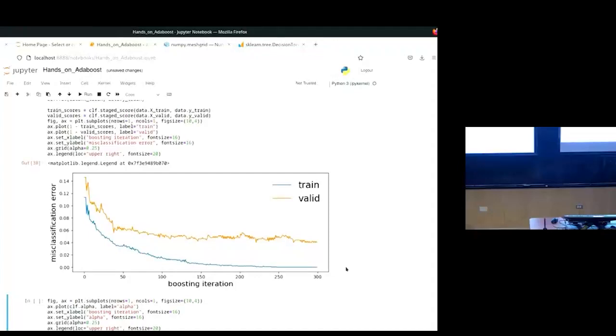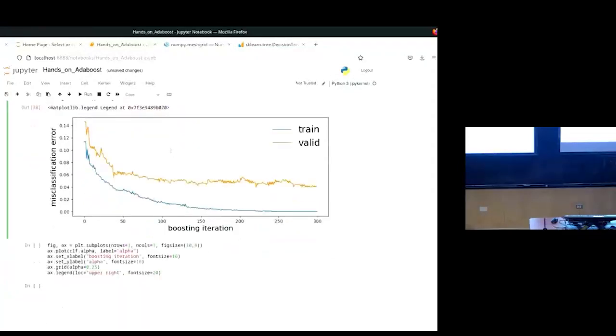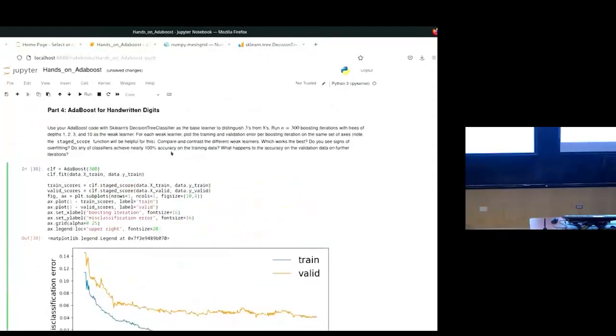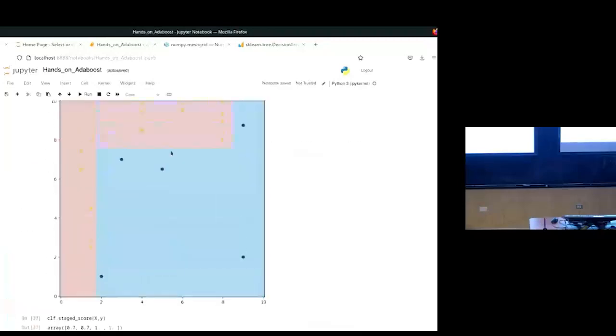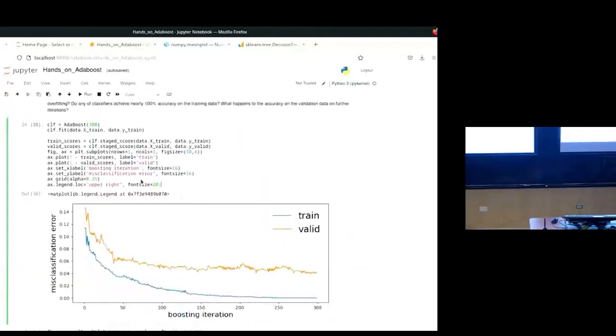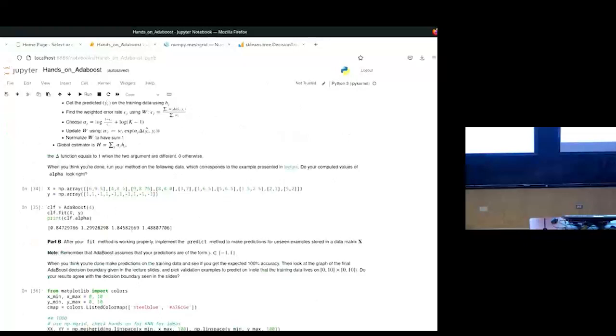But the intuition here is that we have these back and forth changes between the weights. Sometimes when you add a new learner, it will sacrifice a few samples to get other ones correct. So that's why you have those small bumps. That's just my guess.